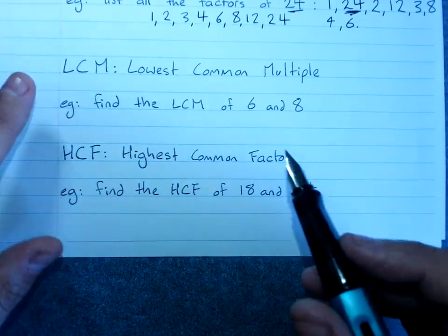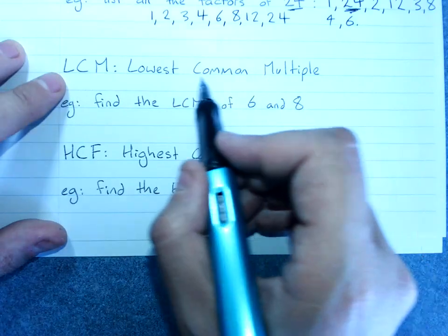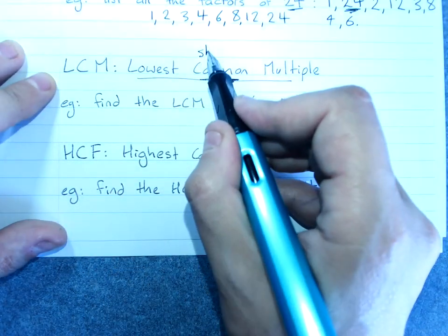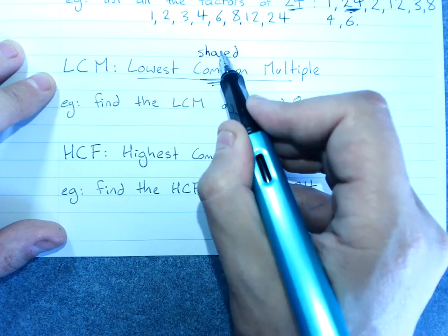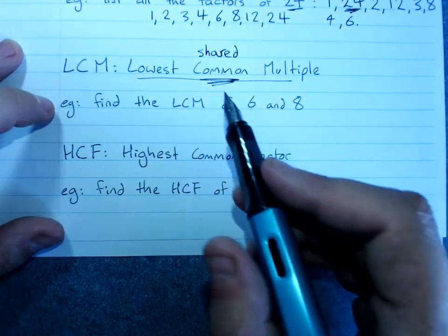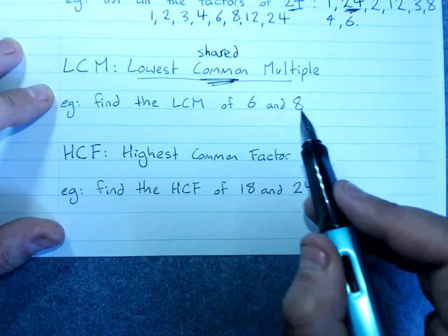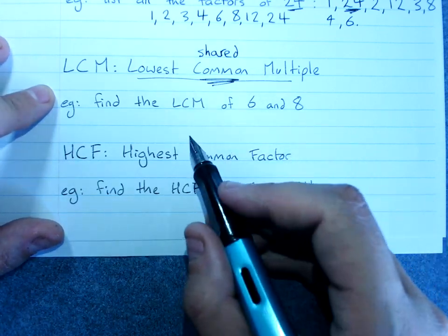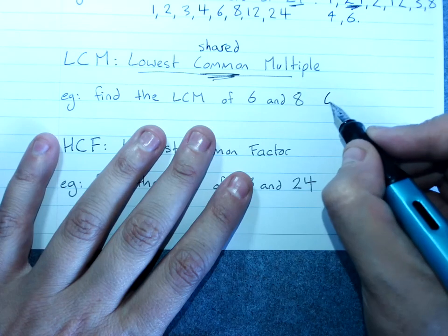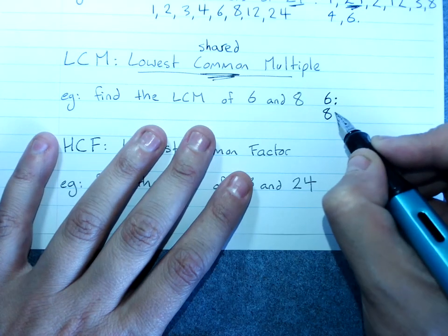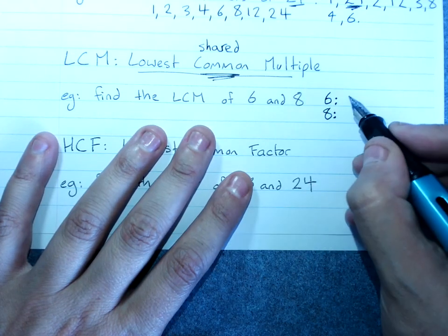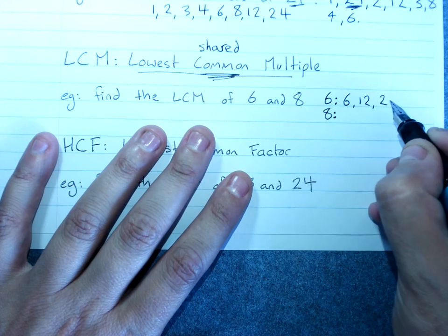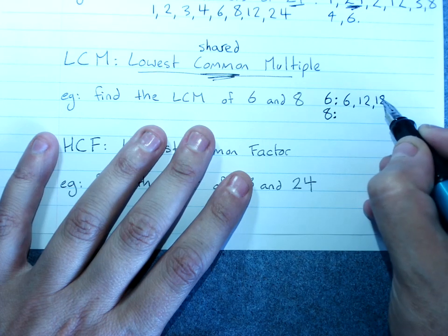Now, when I ask about lowest common multiple, it's saying common means shared, things we have in common. It's saying out of 2 numbers, what's the lowest multiple that belongs to them both? So to do that, we list the multiples of both numbers. Remember, multiples starts with the number and it's the times tables. Oops, I forgot 18.